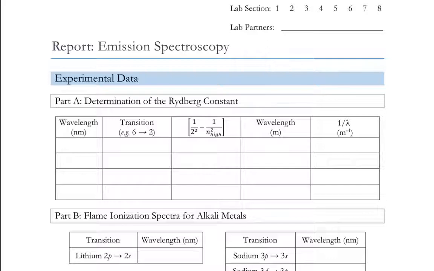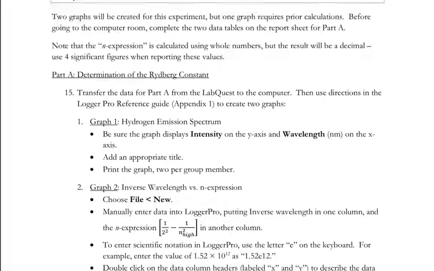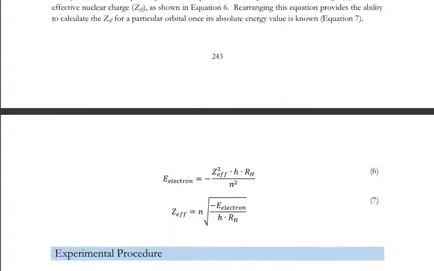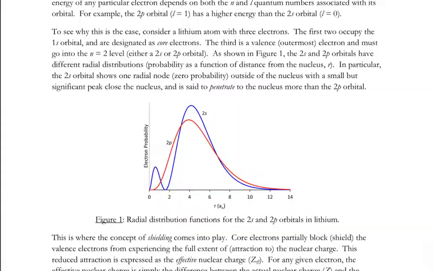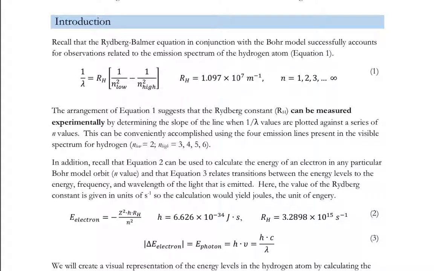Now we are ready to use that. Let's go way back to the top. We're ready to look at that equation from the very first page, the Rydberg-Balmer equation. Okay, this equation 1. So what we have is values for 1 over lambda, and that will be plotted on the y-axis. We have values for this n expression, 1 over 2 squared minus 1 over n high squared.